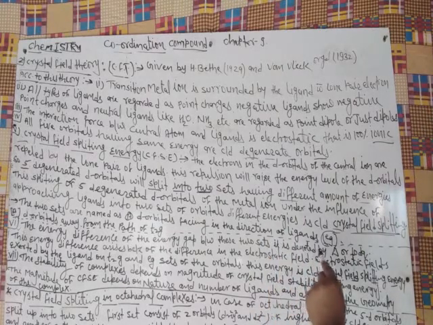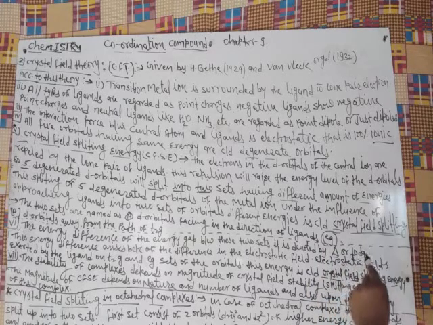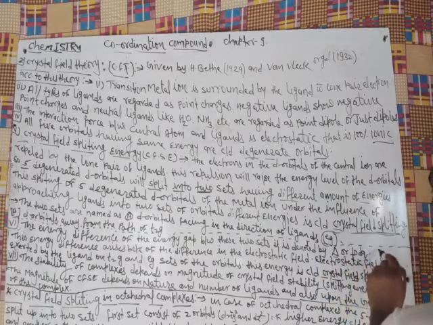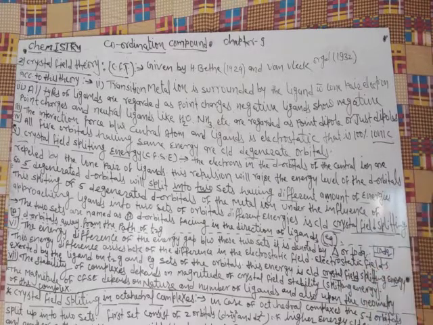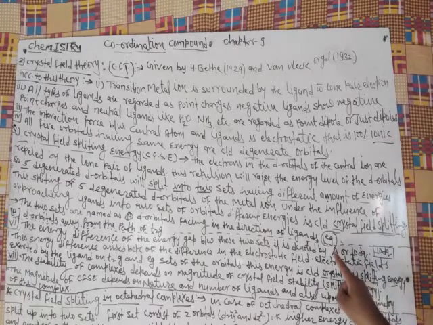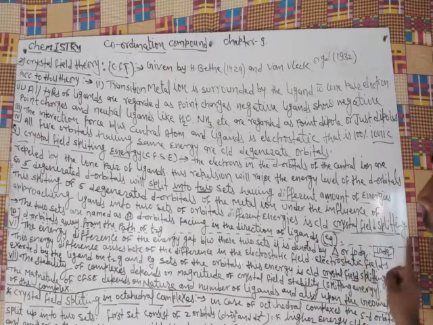Next point, the energy gap between these two sets, Eg and T2g, is denoted by delta or 10 Dq. Important: the difference between the two sets is equal to 10 Dq, represented by delta, so delta equals 10 Dq.